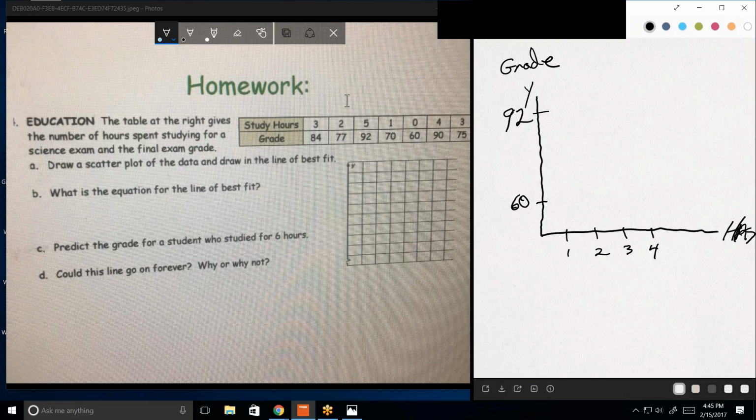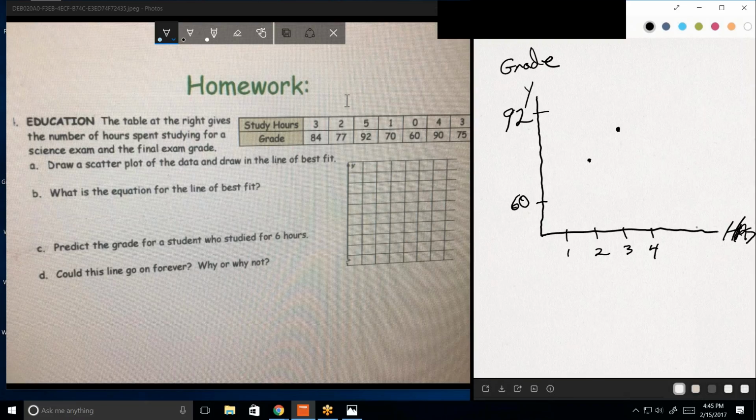That's what that means, I'm ignoring from 0 to 60, because I don't want to make all that space that I'm not needing. So now we just plot each of these points. 3 goes with 84, so I'm going to plot that point right about there. 2 goes with 77. 77 is almost exactly halfway between 60 and 92, so I'll call that 77.